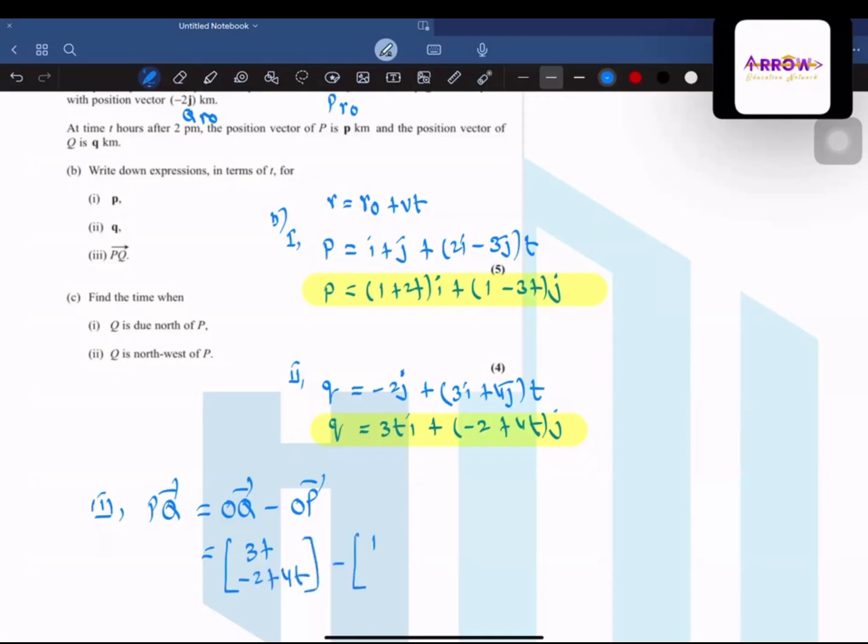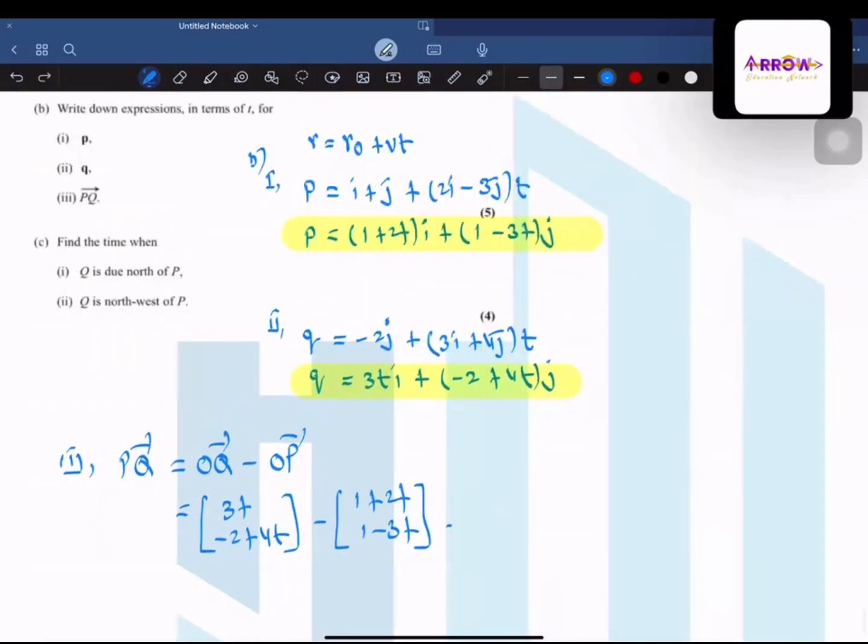Then we subtract 1 plus 2t and 1 minus 3t. However, if the requirement of the question is to give your answers particularly in the form of I and J, so IJ notation is compulsory, even then you can still do the workings in the form of column vectors. That is perfectly fine.